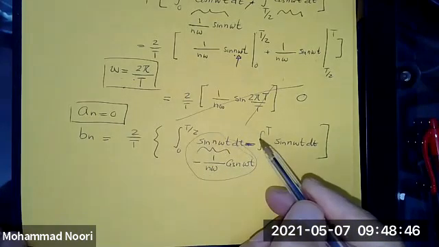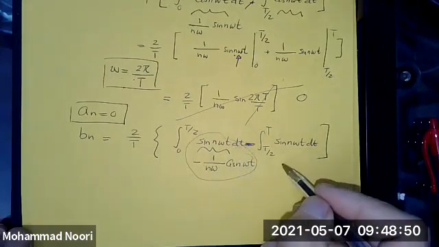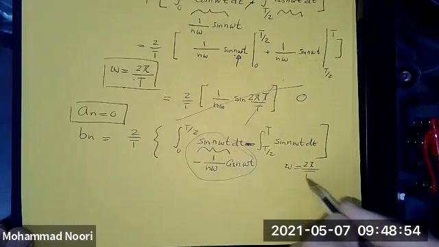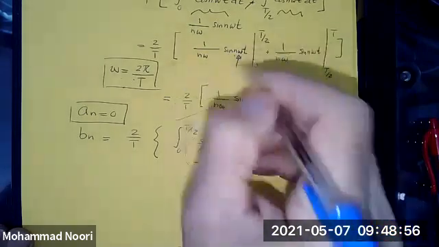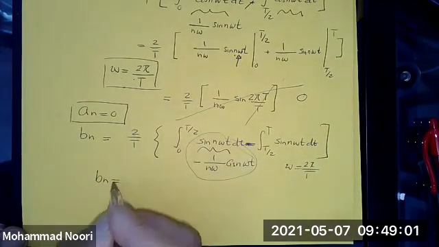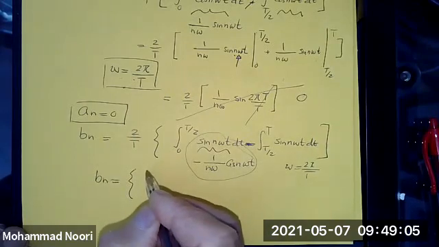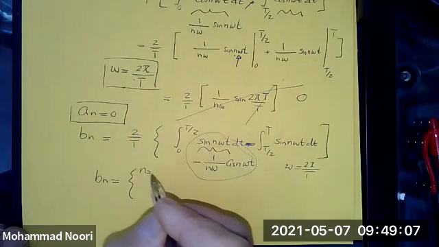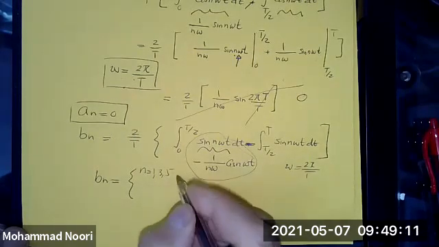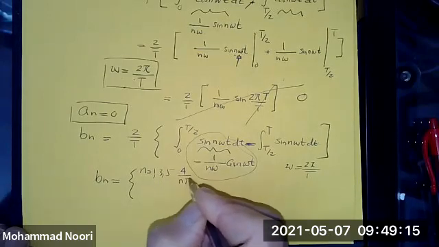Again, if you substitute that, I don't go through the details. If you substitute for omega equal to 2 pi over T and evaluate this whole thing, you see that Bn comes out to be this value. If n values are odd, 1, 3, 5, and so on, Bn would be simply 4 over n pi.